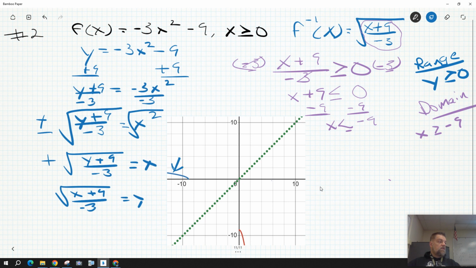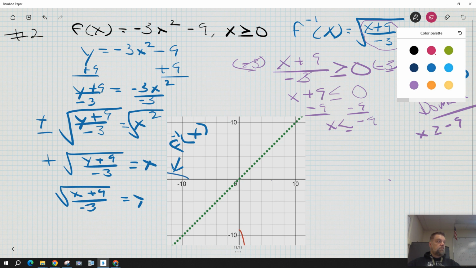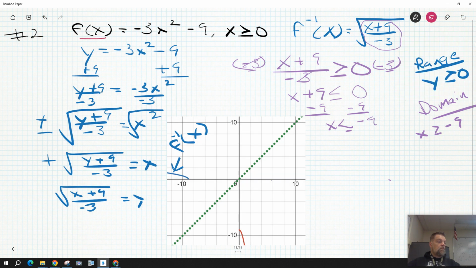If I was smart, I would have labeled a little better. This is f of x, this is f inverse of x.